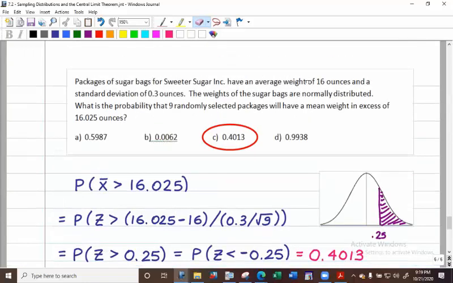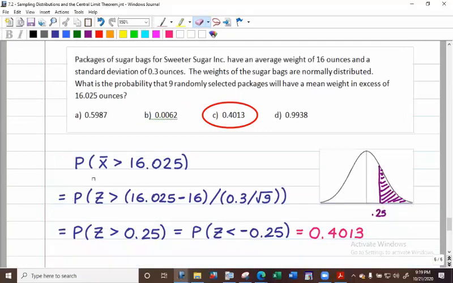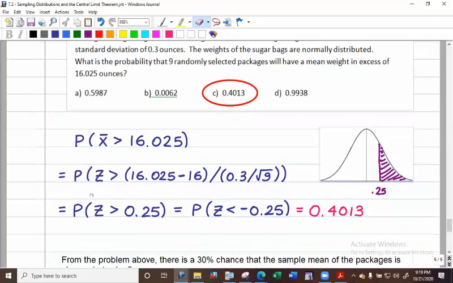If you're doing it the old-fashioned way here, nothing wrong with that by any means. So X bar is greater than 16.025. You take 16.025 minus 16 divided by 0.3 divided by square root of 9. That gives you a z-value of 0.25. And then if you're using a chart, remember we do it this way. If it's greater than, you flip it over and change the sign.